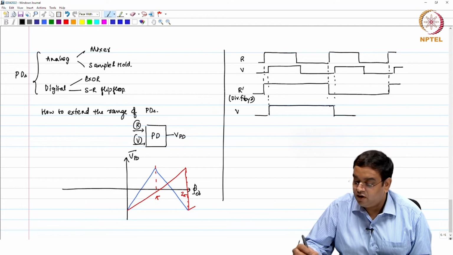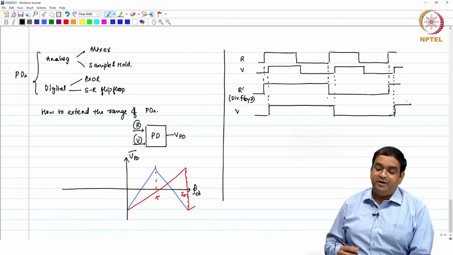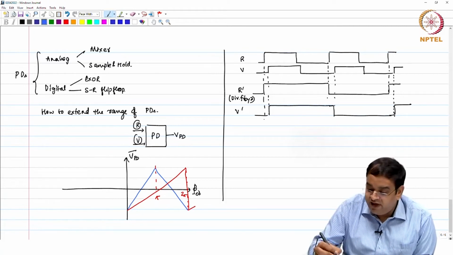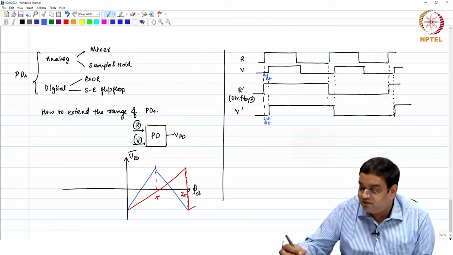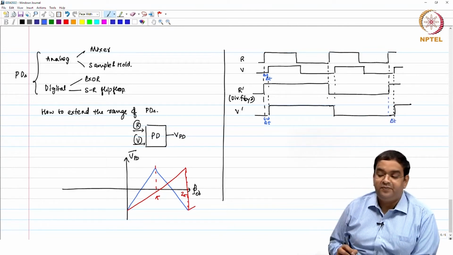This is dividing the clock by 2. In digital case, you might have seen this operation quite often. This is V dash. So, the phase error which you have between R and V, that phase error remains here. The only thing is it is measured now at half the rate.